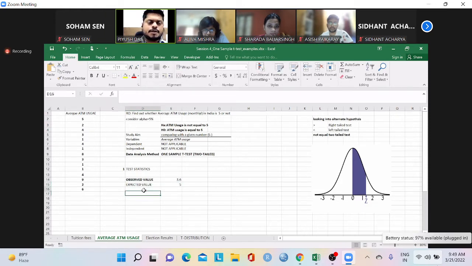Then I have to find standard error. For that, I need to find standard deviation.